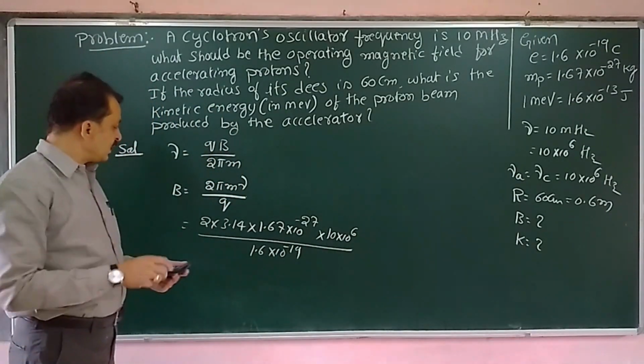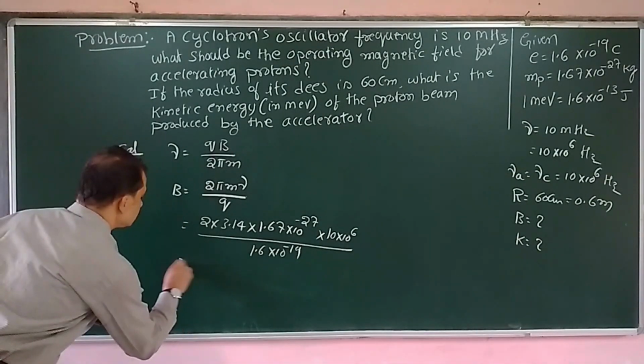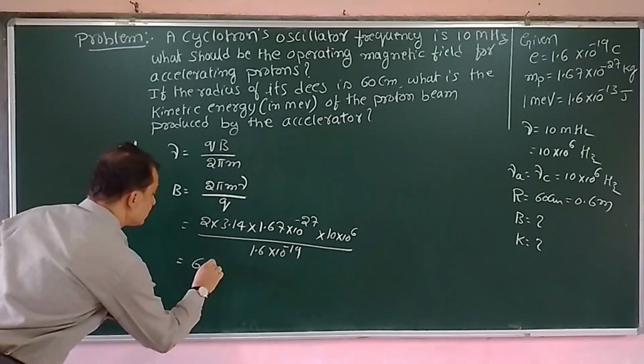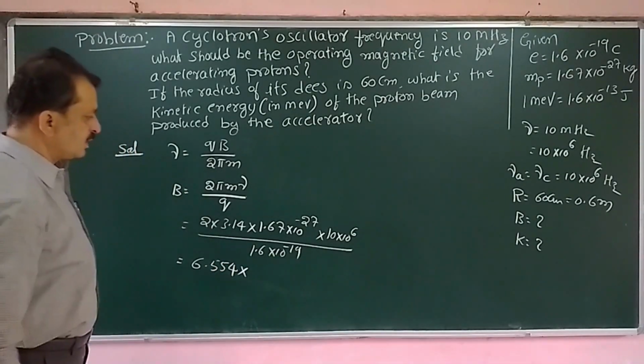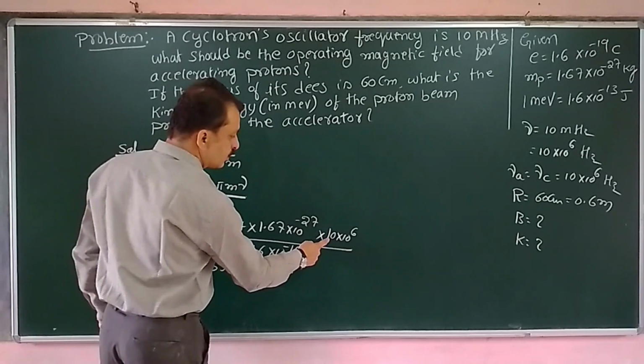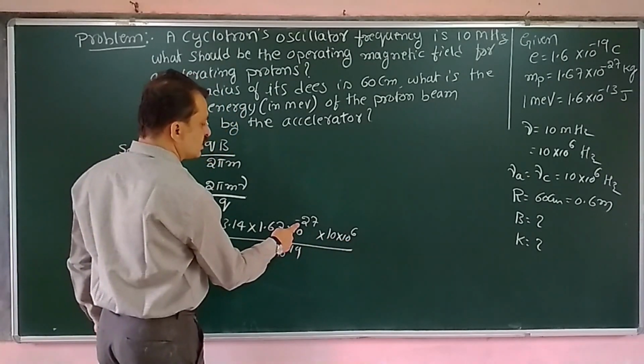If I take the calculator and make the operation, I will get the result 6.554 into, simplify the powers, 10 to the power of 7 plus 7 minus 27.